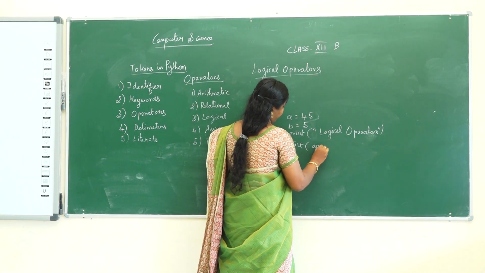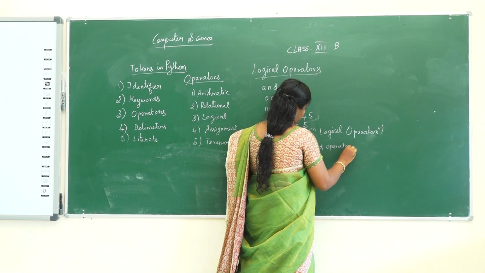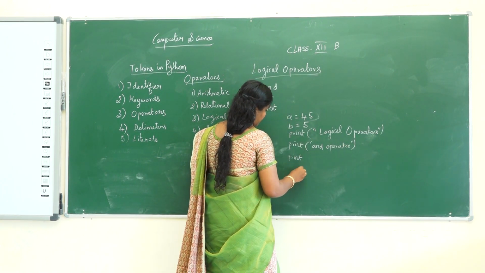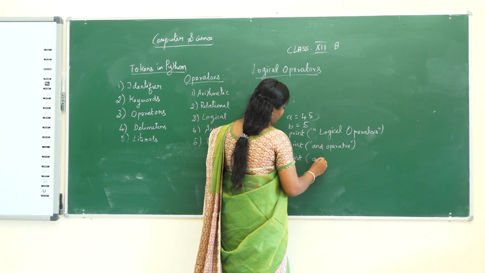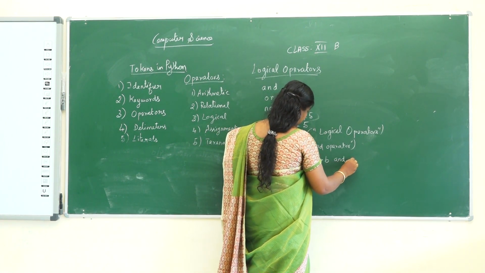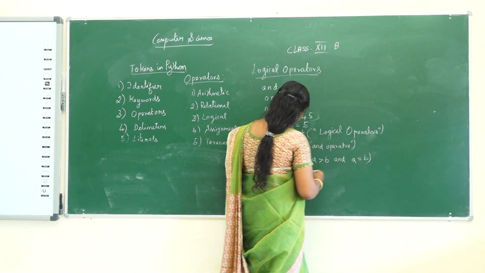And operator: print A greater than B and A equal to B.